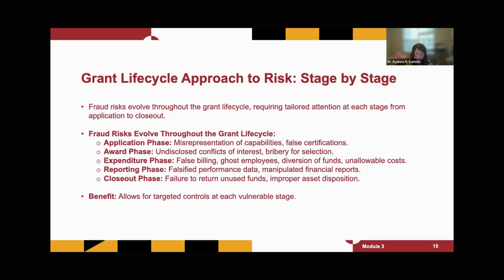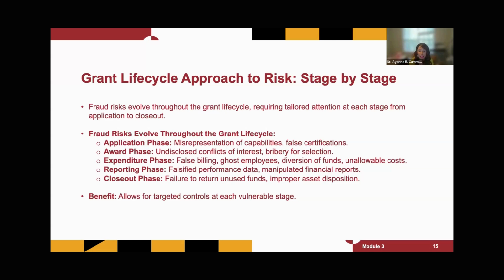We talked about misrepresentation of capabilities, false certifications, and so forth. During the award phase, where undisclosed conflicts of interest emerge, bribery, and there's a list of other elements there. Expenditure phase, where we see false billing, ghost employees, fund diversion, unallowable costs that were documented as unallowable in the grant contract that we failed to acknowledge or review fully.